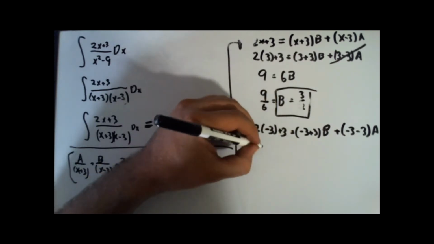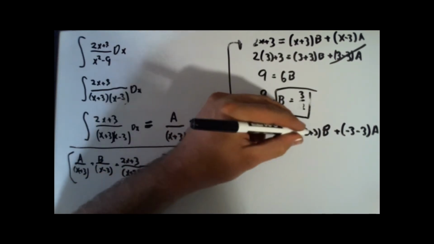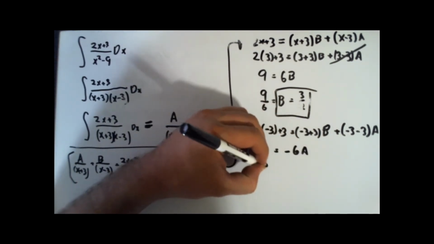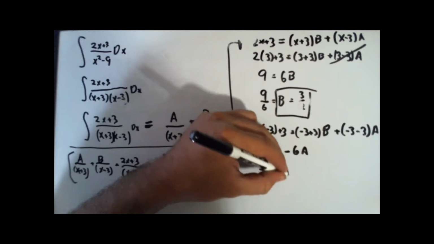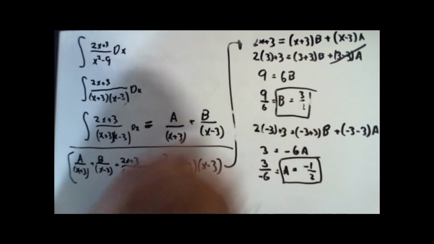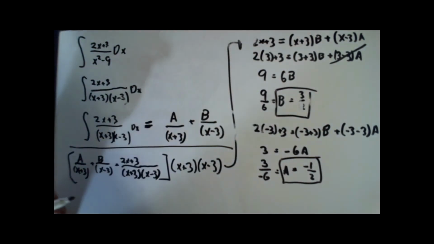Negative 6 plus 3 is negative 3, equals 0B minus 6A, and that's going to be negative 3 over negative 6 equals A, which equals negative 1 half for A. And we have just done a partial fraction decomposition.